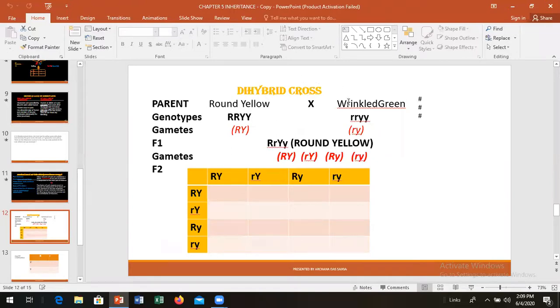And the other parent had wrinkled, green seeds. Round and yellow is dominant, an already known fact. Wrinkled and green is recessive, also an already known fact.